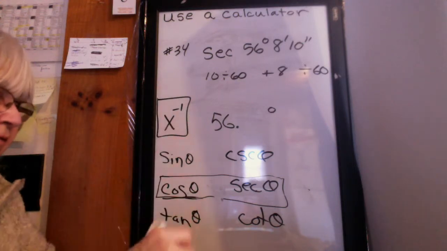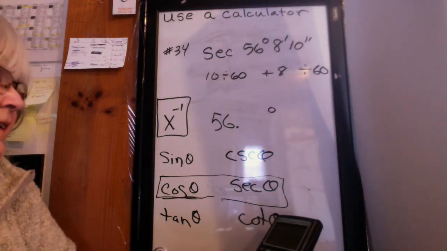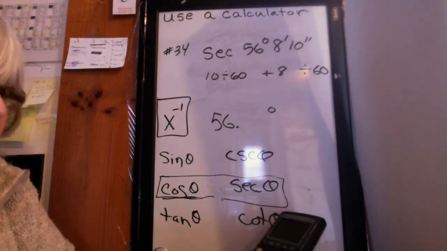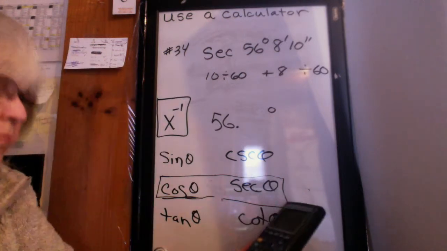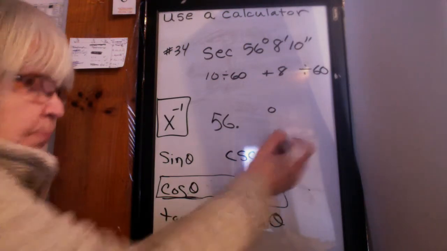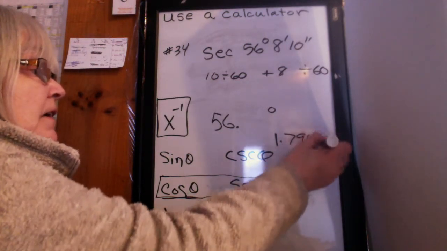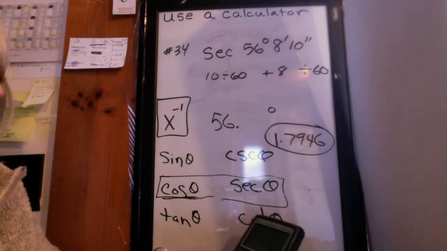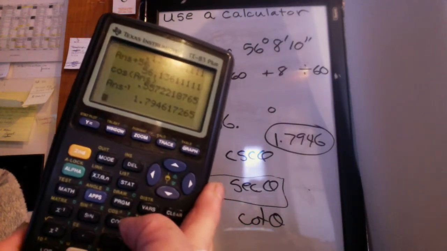So see if you can find that key and press it next to the answer, and it will flip it over for you, and you should get the final answer as 1.7946. And again, I'm always rounding to 4 decimal places. It was 1.794617265 if you want to check it on your own calculator.